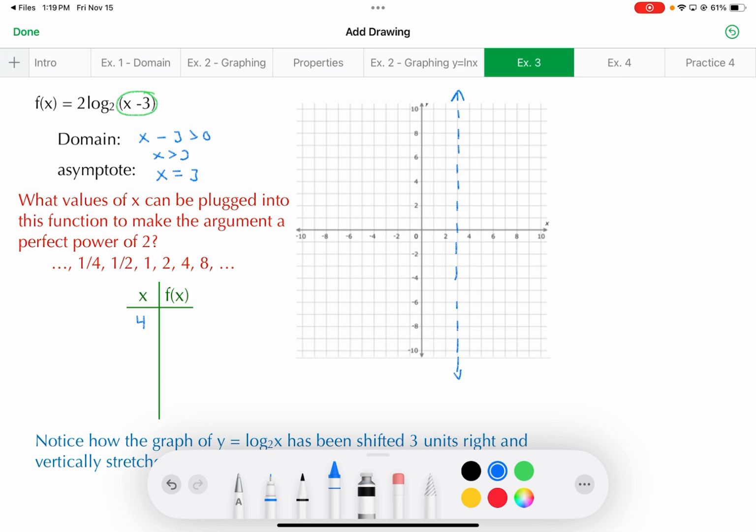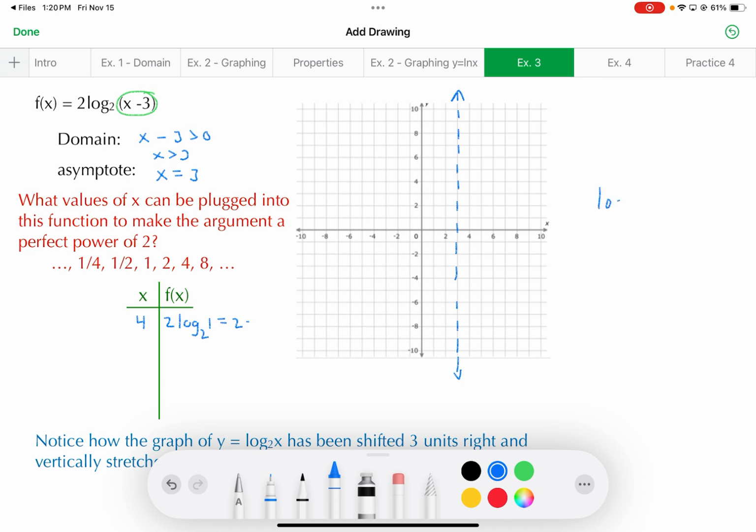Now let's show a little bit of work on this. If I plug that in, it would give me 2 times log base 2 of 1, right? Well, what is log base 2 of 1? This is where you have to understand your logarithms.